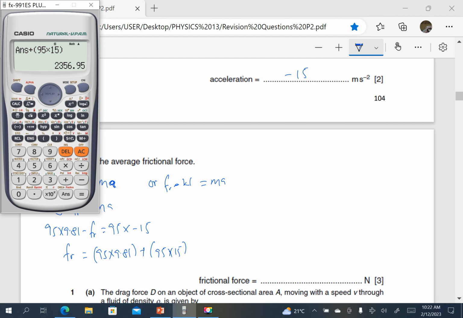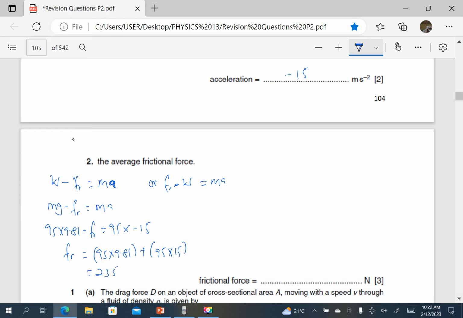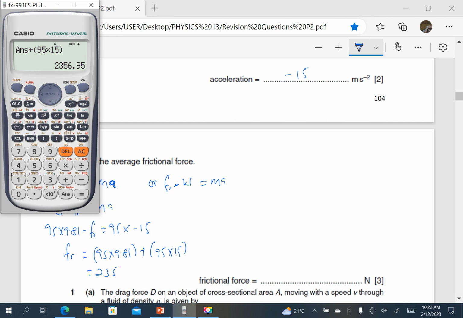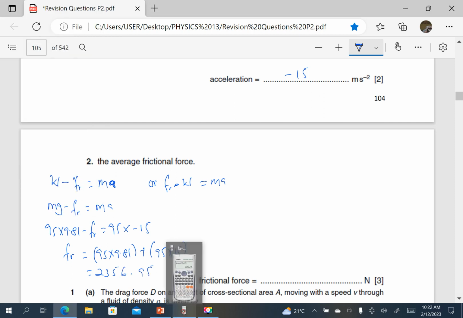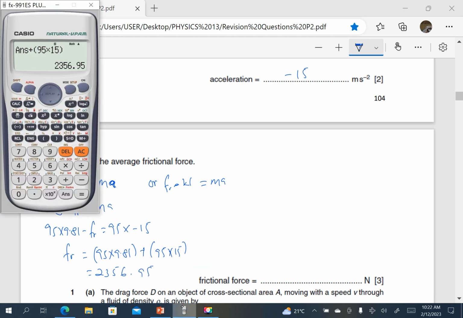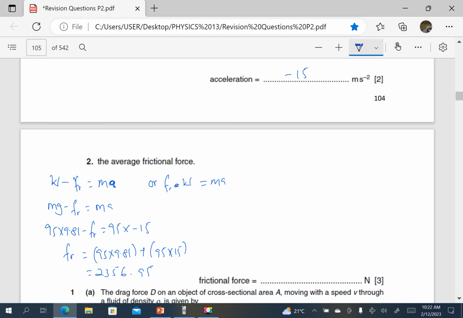2356.95. Alternatively, you can use this. The frictional force is equal to ma plus the weight. That means this time you do not use the negative. So you just say ma, which is 95 times 15, plus the weight, which is 95 times 9.81.